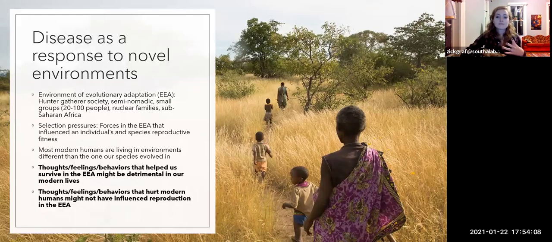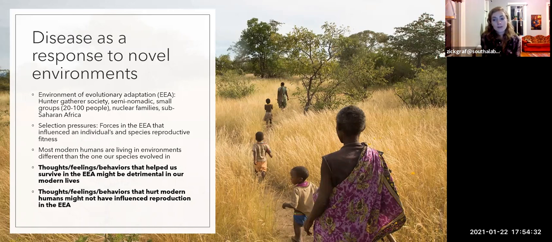Okay, so one of the biggest Darwinian medicine theories in psychiatry and psychology has to do with psychopathology being a response to humans living in an environment that's very different from the one that we evolved in. So what is known as the environment of evolutionary adaptation is basically just the context in which most of our species evolution happened.